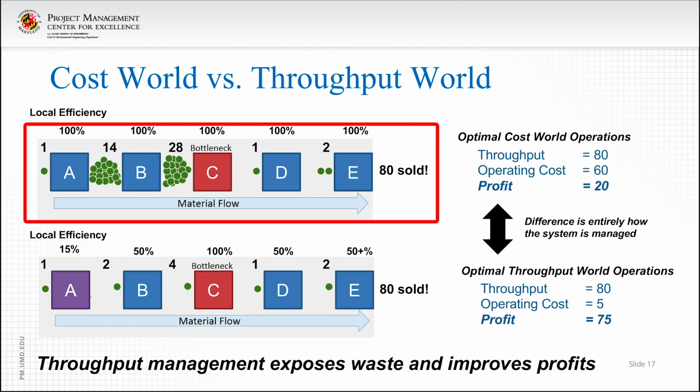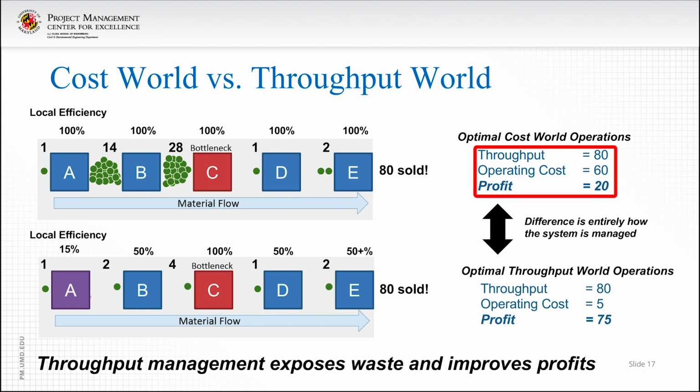And then afterwards, processes D and E are running as fast as they can whenever they can. The result, a thin margin. But simply by recognizing that local performance doesn't mean system-wide performance, if we lower the local efficiency of A, we can actually decrease the cost in the system and achieve much greater throughput.